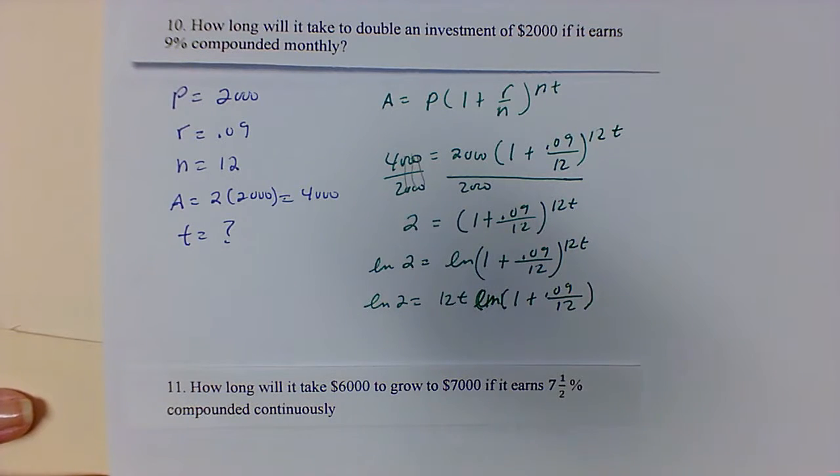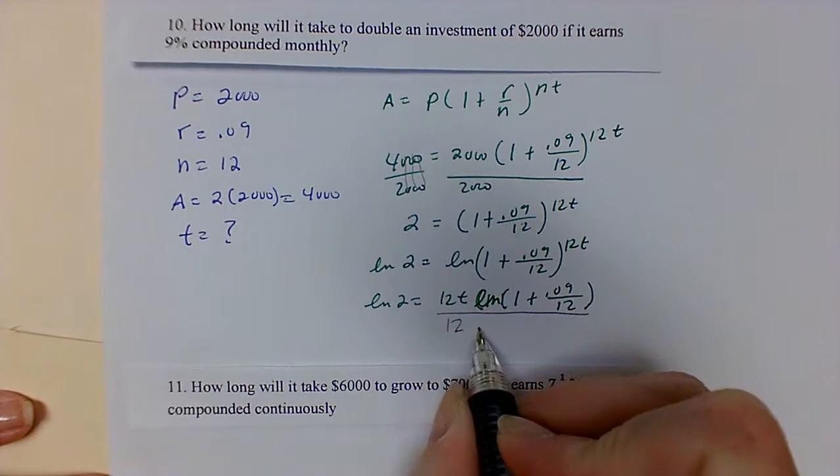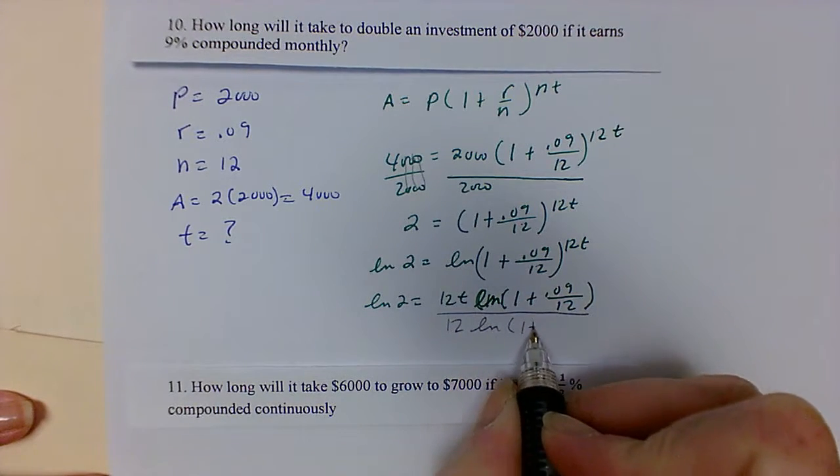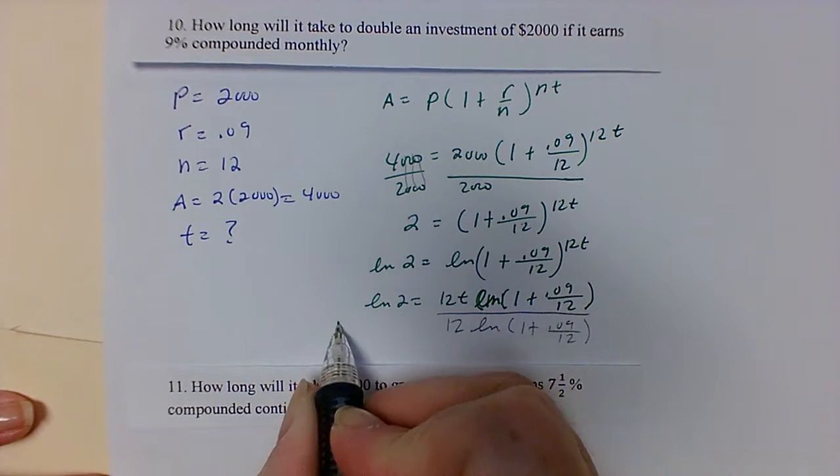So now we're going to divide by everything that is not t. So it's going to be 12 ln 1 plus 0.09 divided by 12 on both sides.